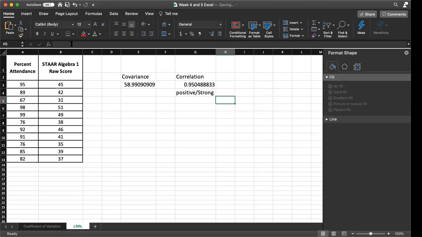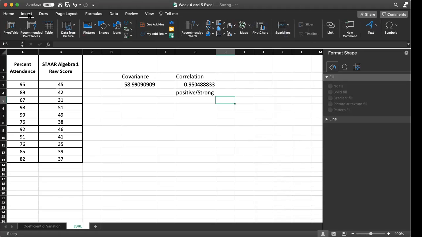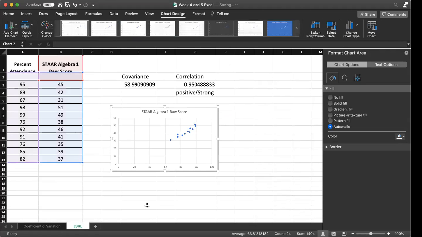If we use the chart, you go to highlight your data again. Highlight all your data again. That's why it didn't work last time. Highlight all the data, and you're going to go to insert, and you want to go to your recommended charts, and you have your scatter plot again. All right, bring up the scatter plot again like we just did.